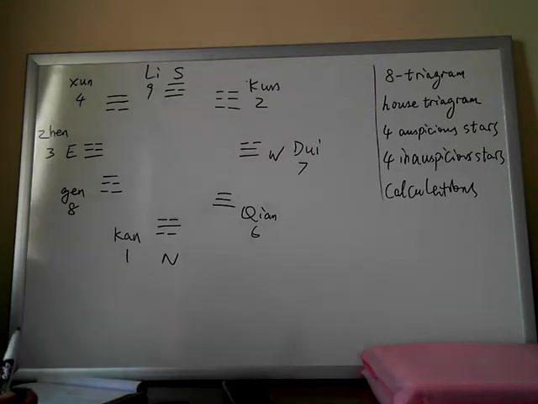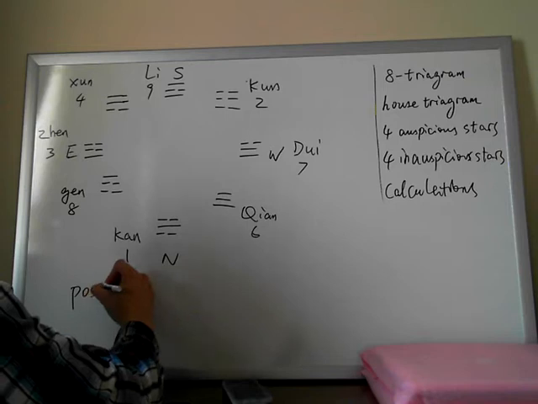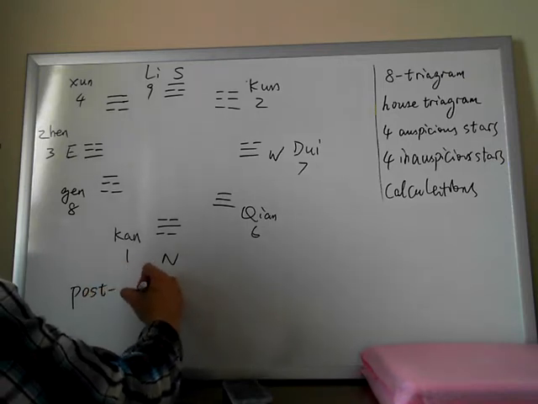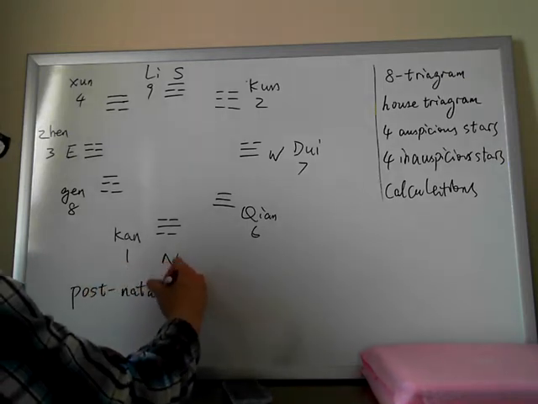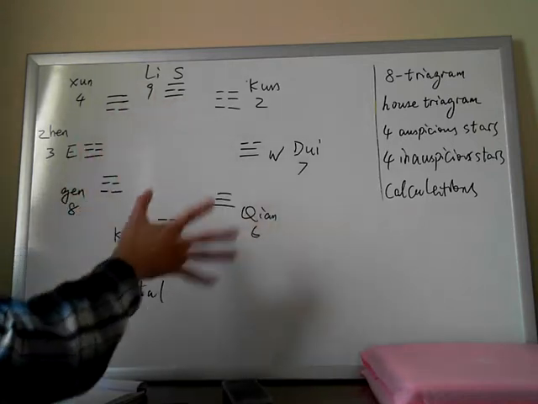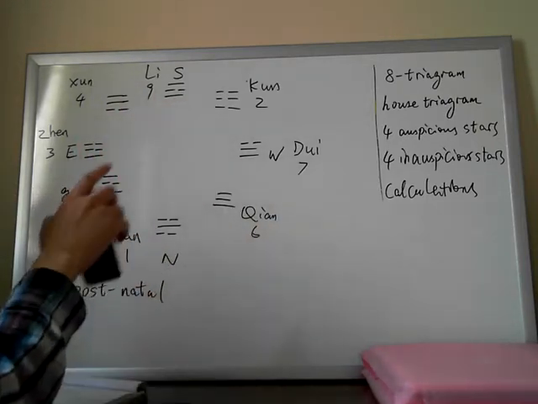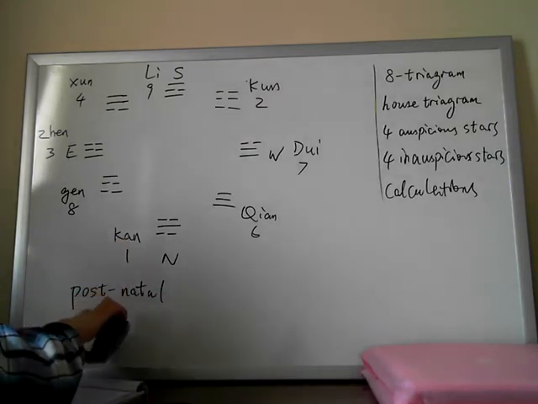Yeah, and remember, this is what we call the postnatal chart. There is a natal chart. So in the natal chart, the number and trigram are at different directions. But in 8-dimension feng shui, we use the postnatal chart.